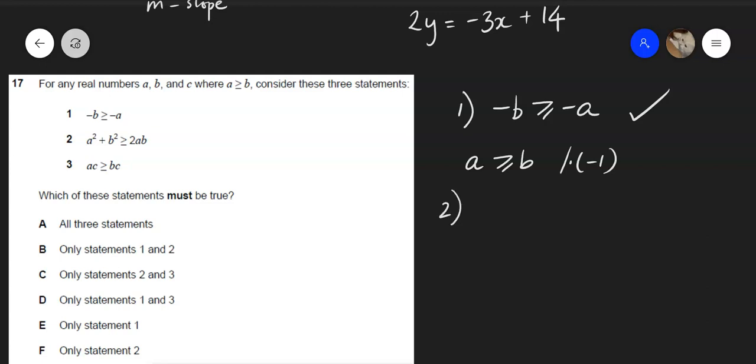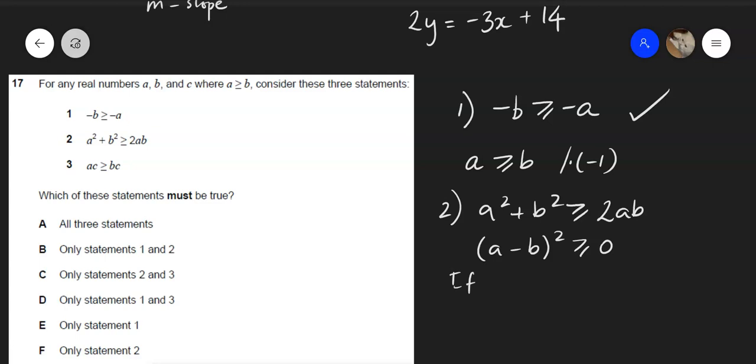Statement number 2, a squared plus b squared is greater than or equal to 2ab. We can immediately spot that this can be converted into a complete square, so we can rewrite this as a minus b squared is greater than or equal to 0. Now, is this true? First of all, we know that the square of any number different from 0 is definitely positive.